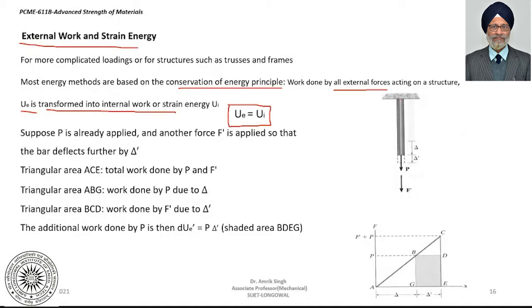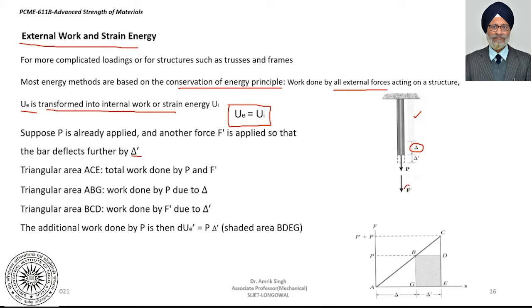So we have taken a bar. Suppose P is the applied load, and another force F dash is applied, so that the bar further deflects by the amount delta dash. Because of the self weight or the applied load P, it has deflected by amount delta.